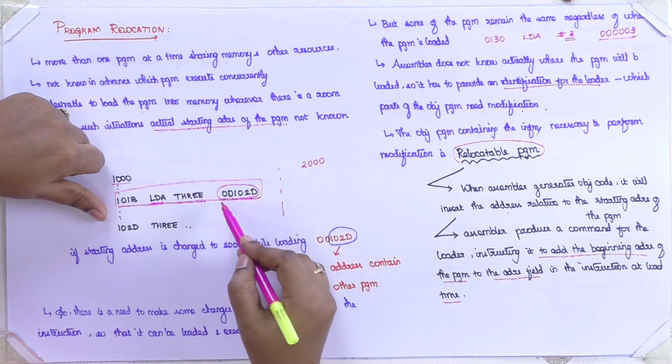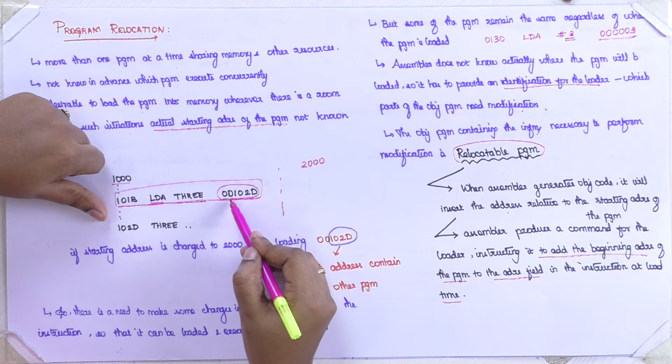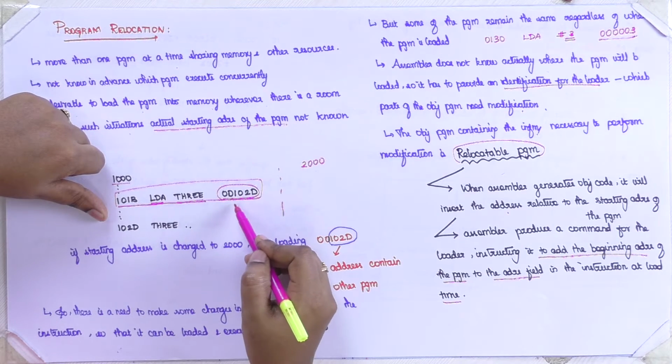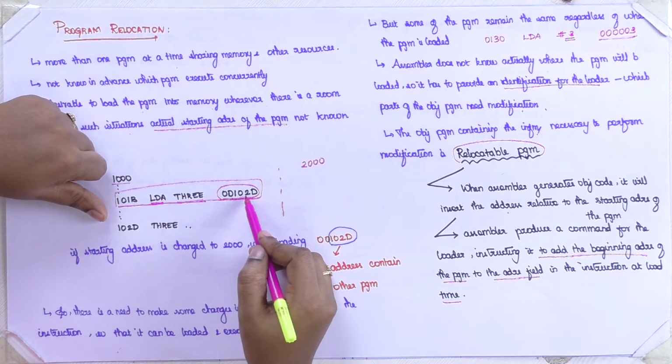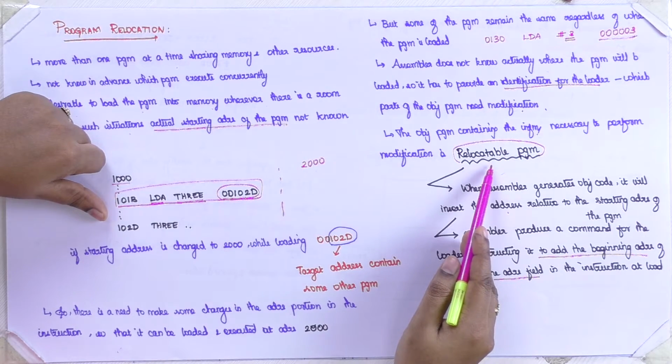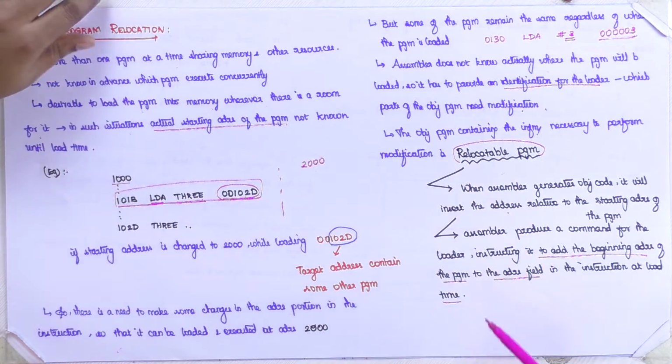So depending upon the starting address, it has to be added to this address field. This instruction is provided by the assembler to the loader by means of a relocatable program.